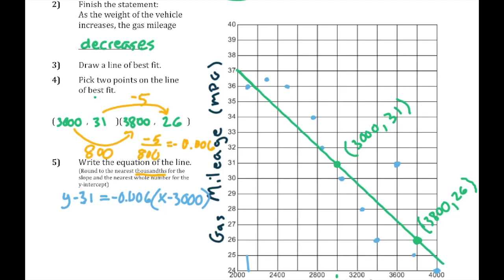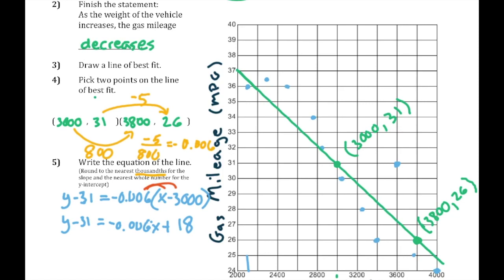Next, we're going to distribute. So we're going to distribute our negative 0.006, which means that we have y minus 31, because it hasn't changed, equals negative 0.006 x's plus 18.